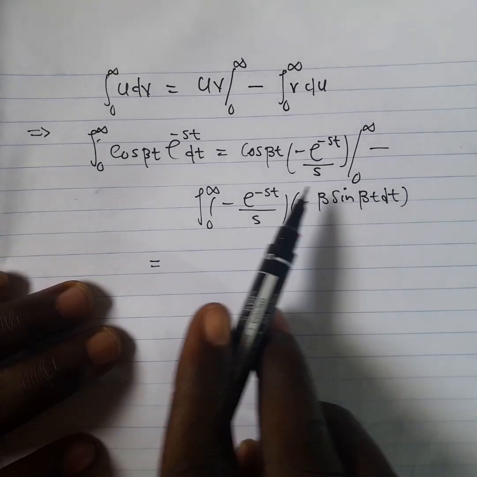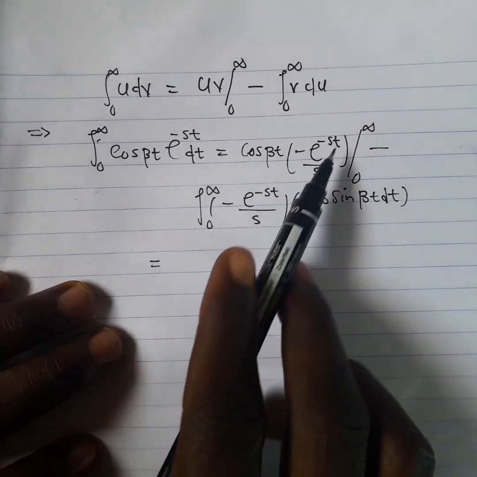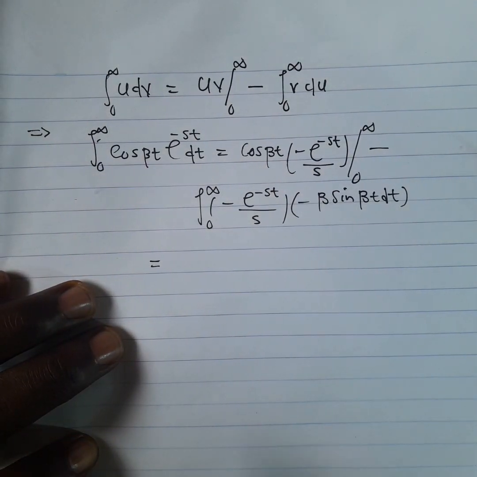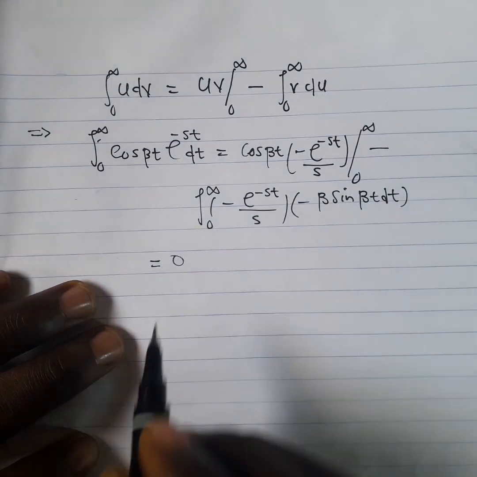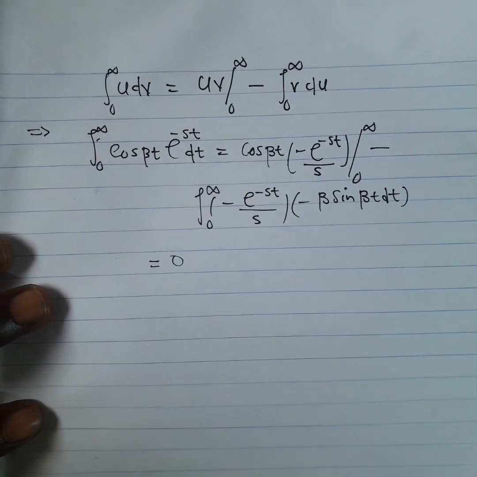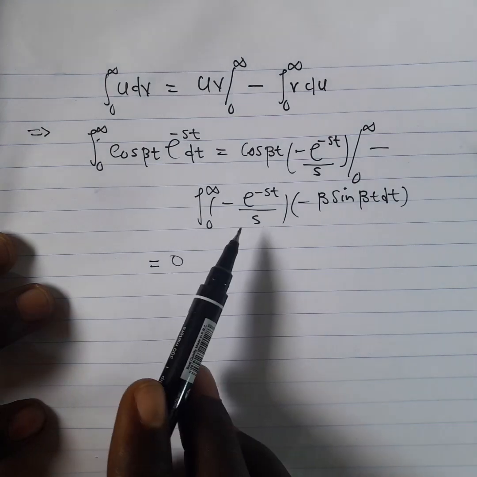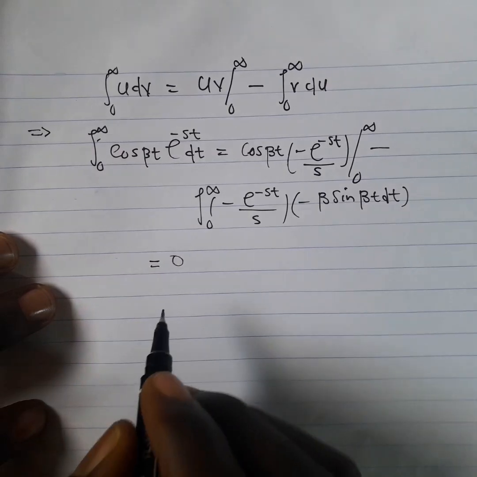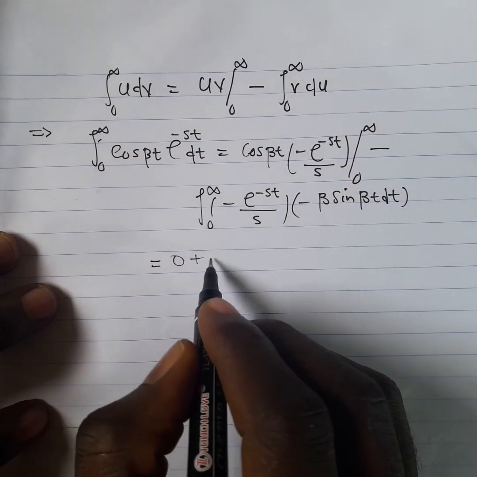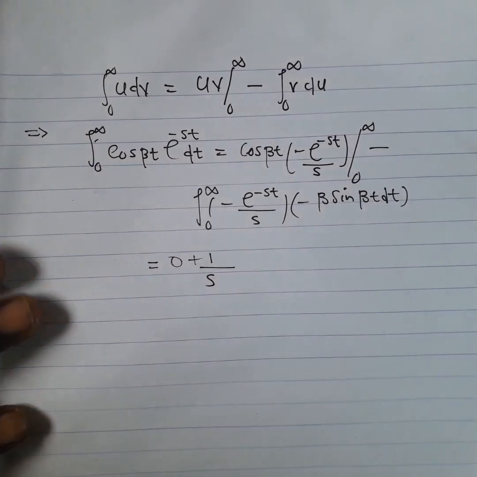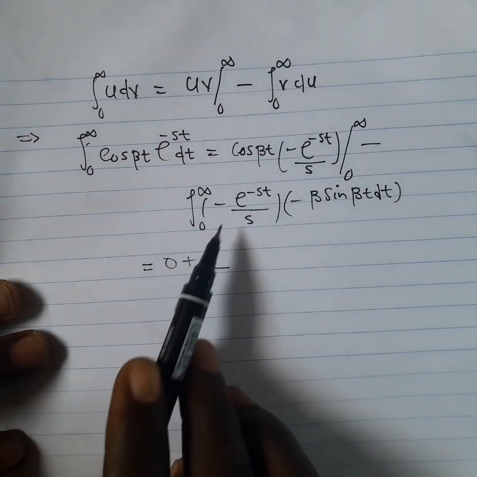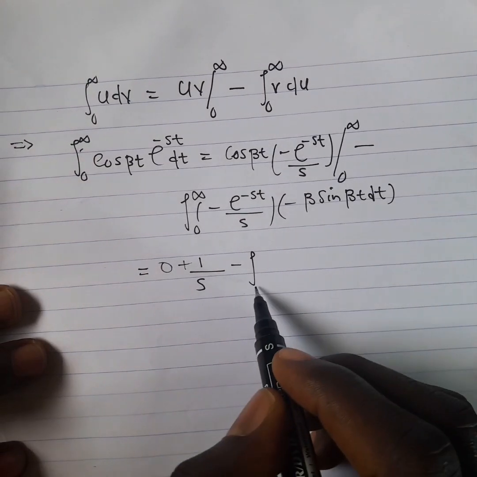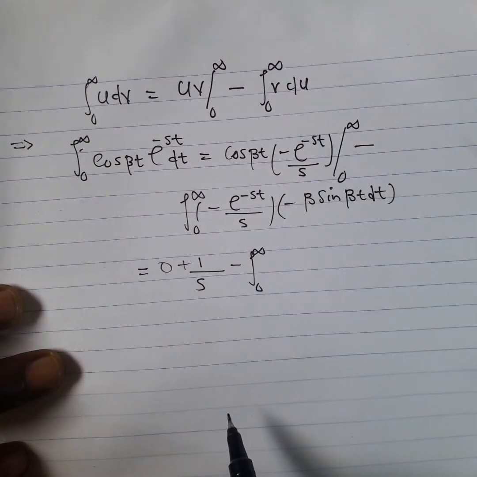So from here, by substituting the upper bound at t equals infinity, we are going to have 0. Also, at t equals 0, everything here will be equal to 1, so we have plus 1 divided by s. So from here, we have minus the integral from 0 to positive infinity.